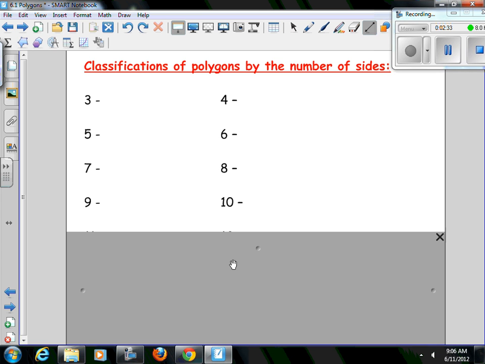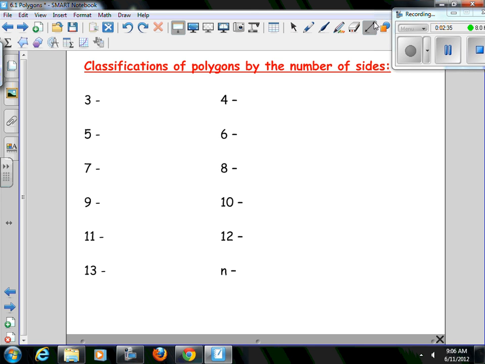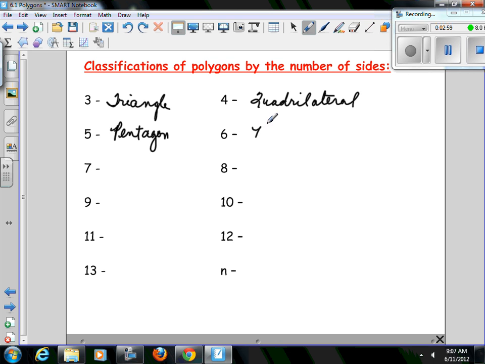Next page. We want to classify polygons by the number of sides. If it has 3 sides, it is a triangle. 4 sides is a quadrilateral. 5 sides is called a pentagon. 6 sides, a hexagon. 7 sides is a heptagon.